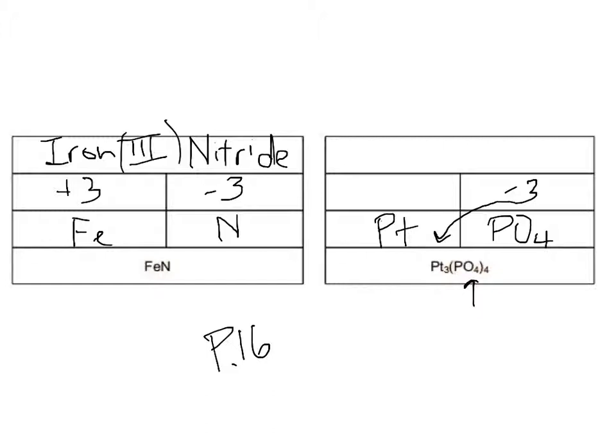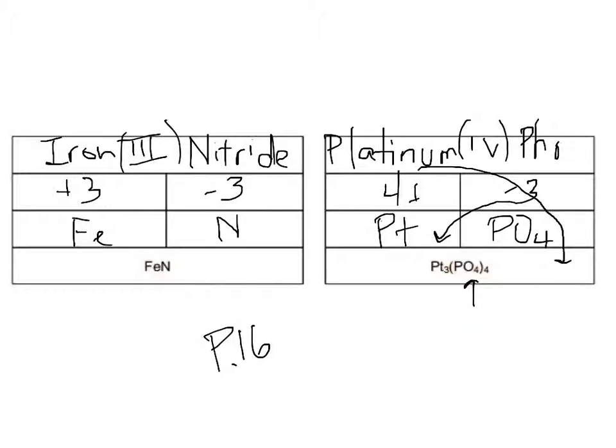So if I work backwards, I can see that 4 had to get crossed over to the phosphate, and that tells me that this platinum is platinum 4. Roman numeral for 4 is IV. PO4 is called phosphate, so that name would be platinum 4 phosphate.